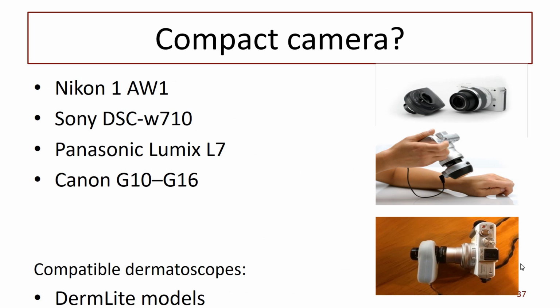So a compact camera is what we've been using over the years. The current ones that are recommended for use with the DermNet range include those. Some of those are older models, but they still work. And I haven't updated this year, so this was last year's information.